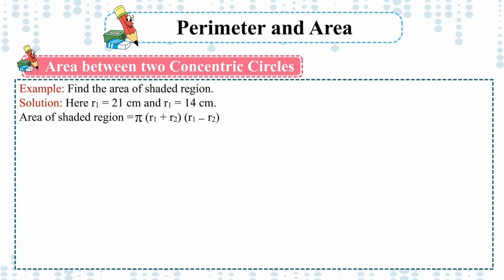Area of shaded region is equal to pi (R1 plus R2)(R1 minus R2) is equal to pi (21 plus 14)(21 minus 14) is equal to 22 upon 7 multiply 35 multiply 7 is equal to 22 multiply 35 is equal to 770 centimeters raised to the power 2.